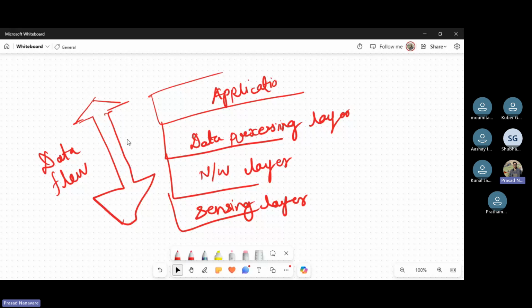Can anyone talk about disadvantages of IoT devices? Consider the applications, modern applications. Okay. Let's do one thing, we'll do that in the next lecture.